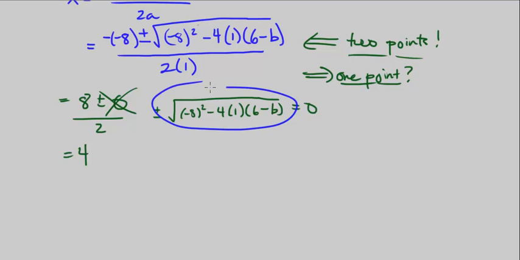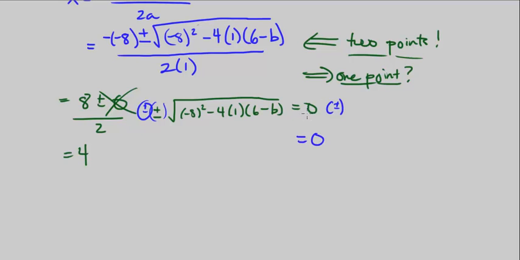So if this quantity equals 0, we can easily multiply both sides by plus or minus to cancel the plus or minus out, because plus or minus times 0 is still 0, right? So that's still equal to 0, because plus or minus 0 is still 0. So then we have square root of negative 8 squared minus 4 times 1 times 6 minus b, right?